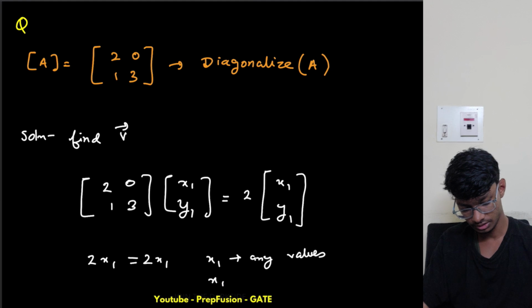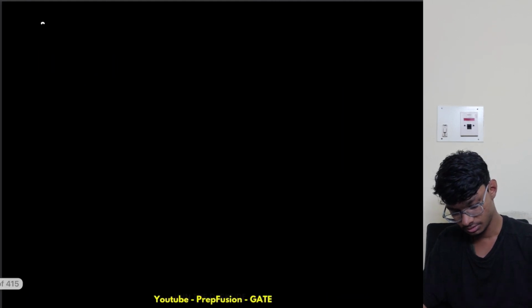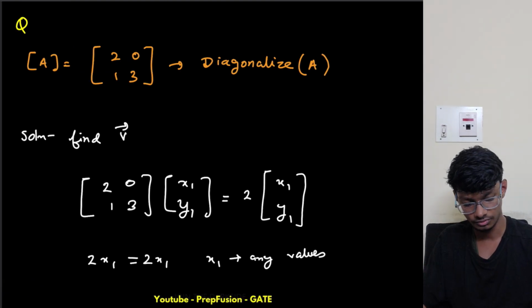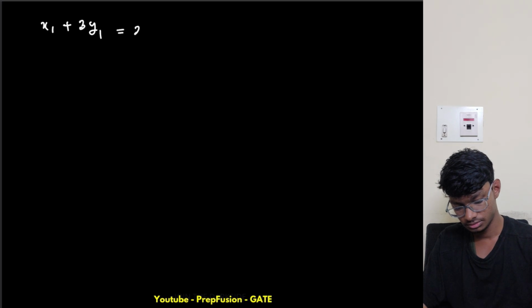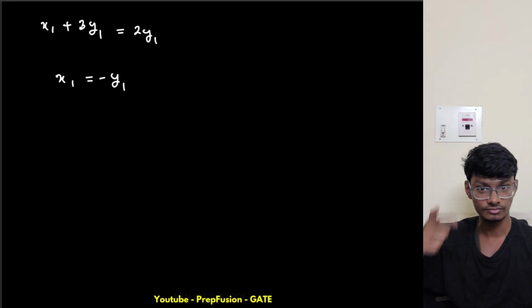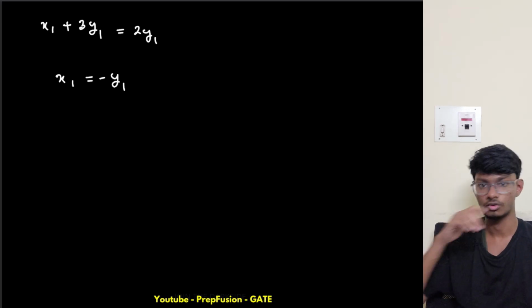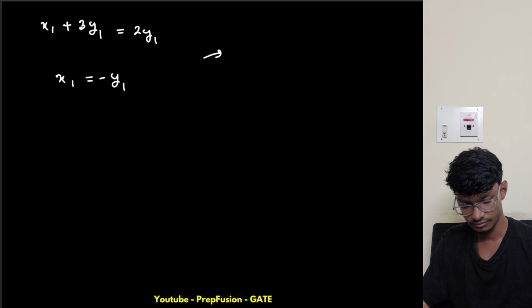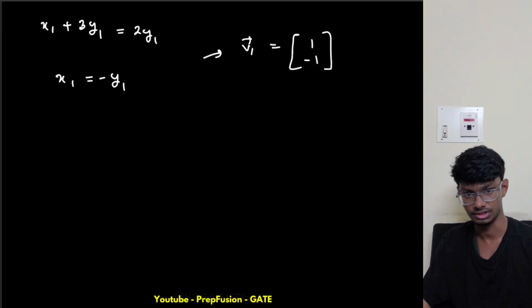The second equation is x1 plus 3y1 equals 2y1. Now x1 simply equals minus y1. y1 can also take any value, but the relation is that x1 should be opposite in sign to y1. So I will just take v1 as this one only. I will not elaborate further, we have already solved this multiple times.